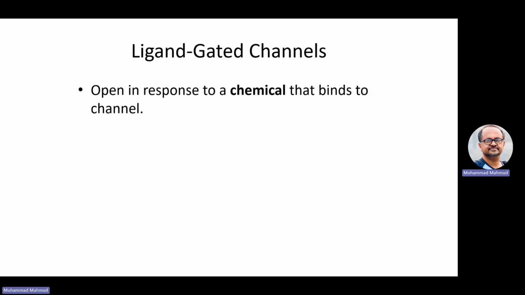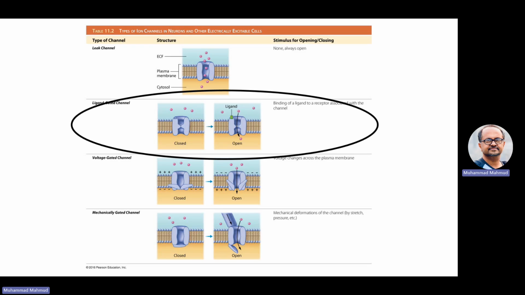When it opens in response to chemicals that bind to the channel, we call it ligand gated. In the second part, you see that the gate is closed at first, but the moment that green ball, the ligand, the chemical messenger, is attached to the gate, the gate opens for those chemicals to move in and out.